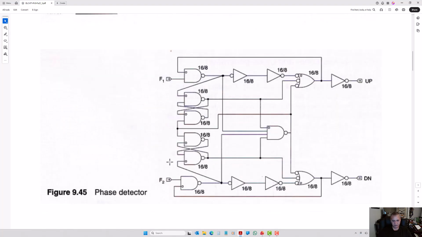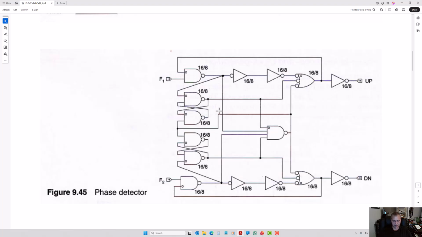Then we have the phase detector. So remember, this refers to minimum width transistors, minimum channel length, 150 nanometers, but the width of the channel for the N is 8 times 150 nanometers and 16 times 150 for the P channel.